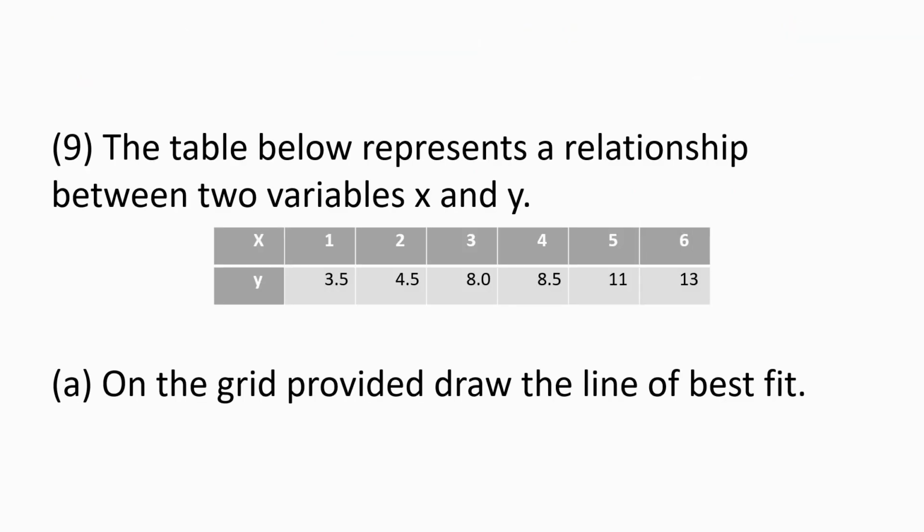Question 9. The table below represents a relationship between two variables, x and y. We have the values of x and y. Part A, on the grid provided, draw the line of best fit.